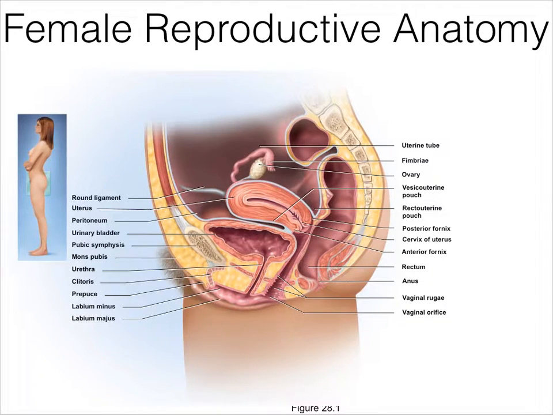This is probably, hopefully, not news for anyone here. The clitoris is surrounded and protected by the prepuce, which is a hood of tissue formed from the top of the labia majora that basically wraps around and protects it from overstimulation.